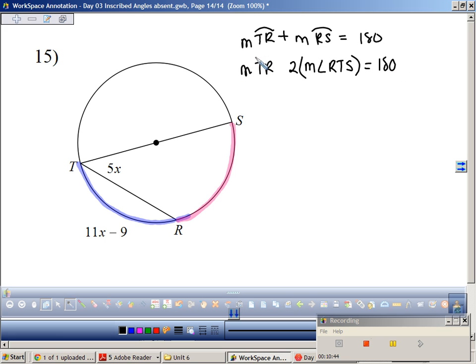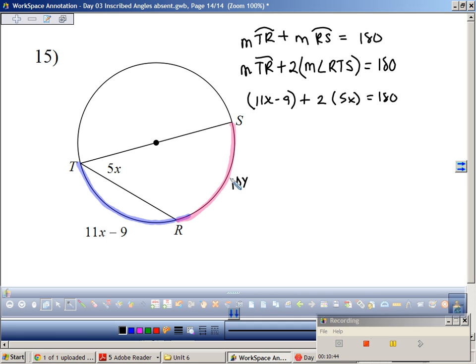So let's start putting together some of this information. So the measure of TR, or arc TR, is 11x minus 9 plus 2 of the measures of RTS would be 2 times 5x equals 180. Now for those of you that like it more visually, like I do, 5x over here would be 10x's.